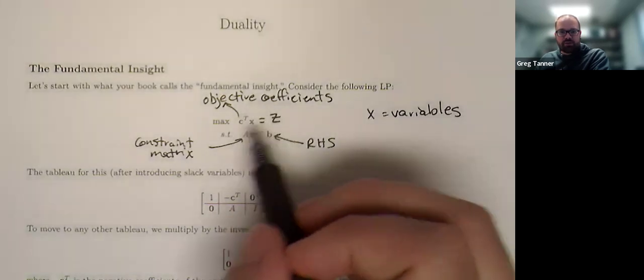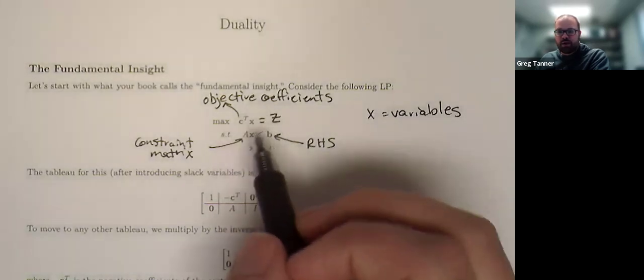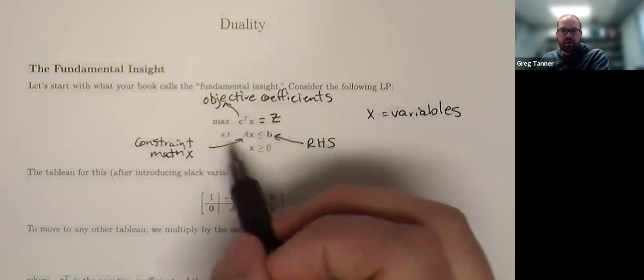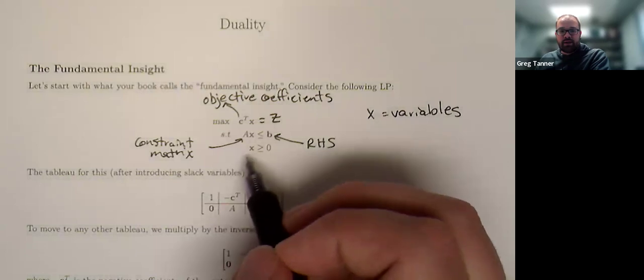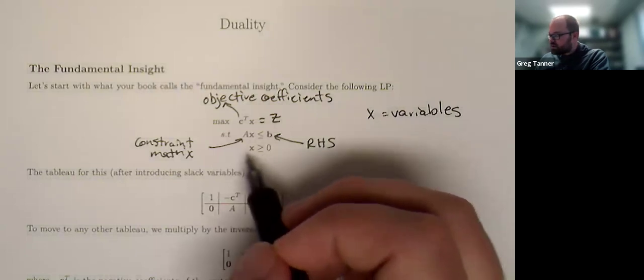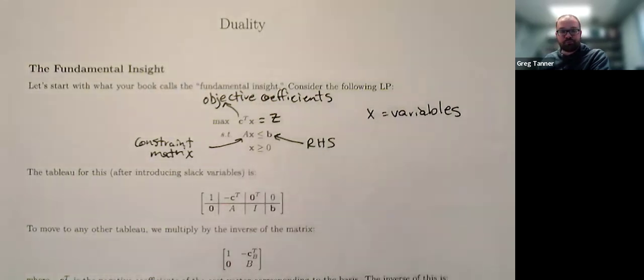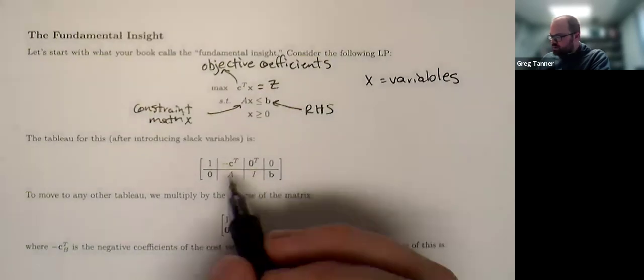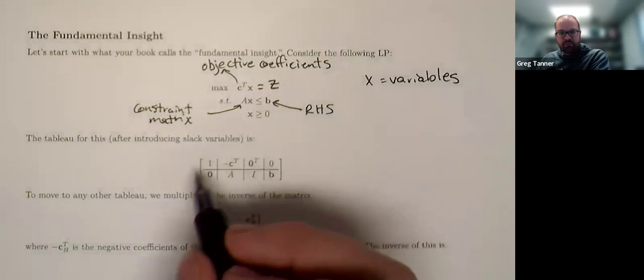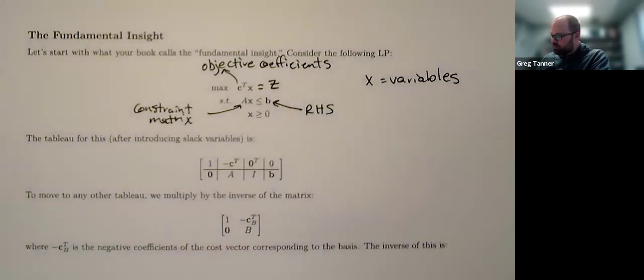So this is a typical maximization problem in standard form, with less than or equal to constraints, and each of our variables is constrained to be non-negative. Okay. Once we introduce slack variables, this is the starting tableau for this problem.